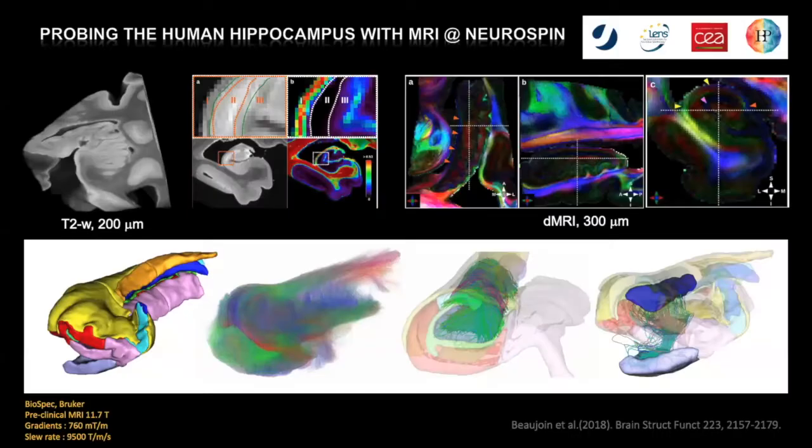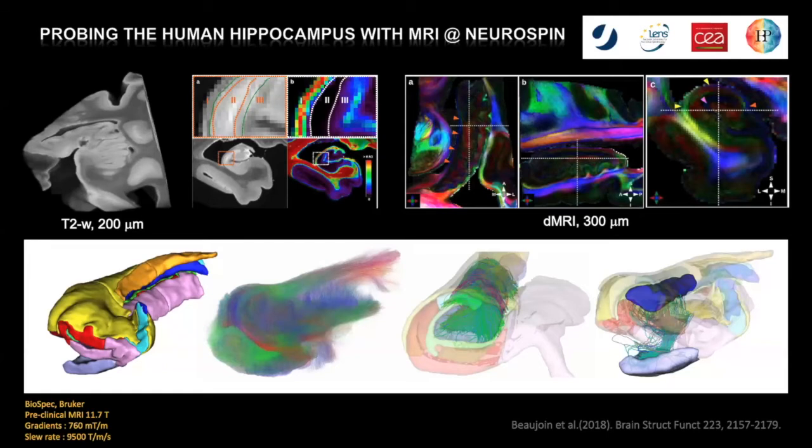And for me, it's really important that you understand that multiple modalities at this level of resolution is only interesting if you are looking into the same tissue. And no, it's not only interesting, but it is really important that if you really want to understand the different scales of the connectivity, you need to look into the same tissue.